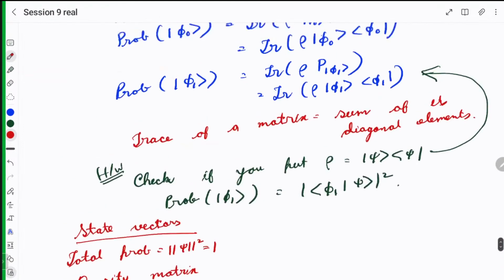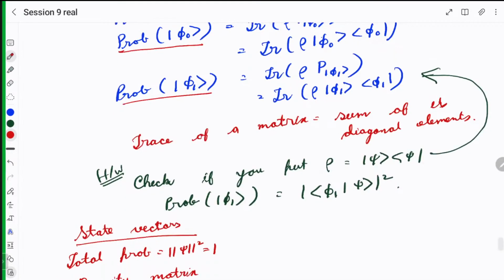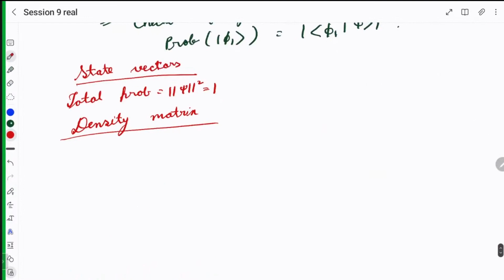So you see, the total probability will be just the probability of getting phi naught plus the probability of getting phi 1, right?